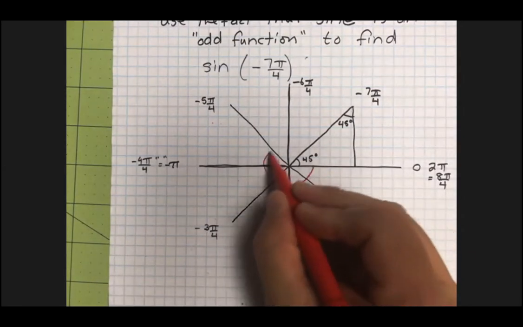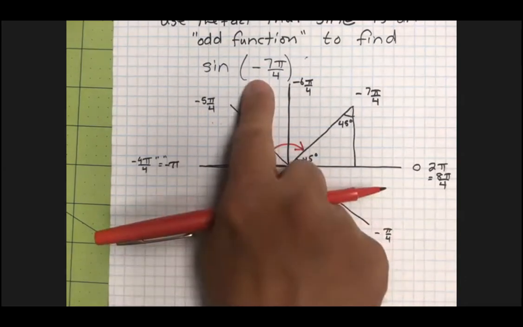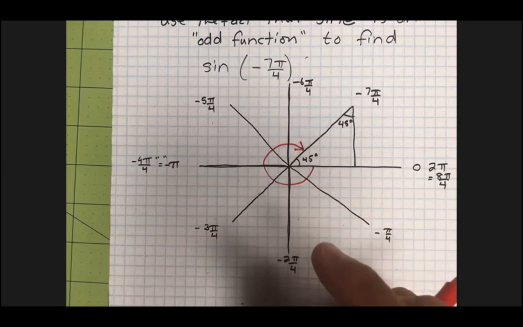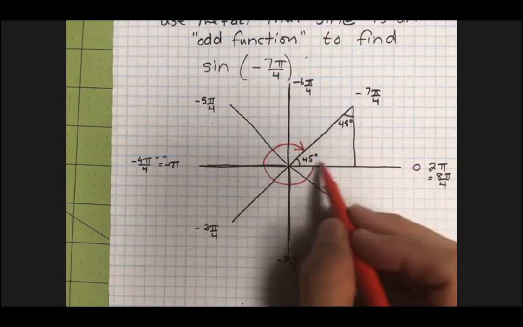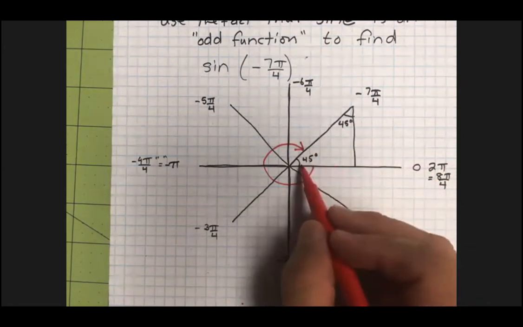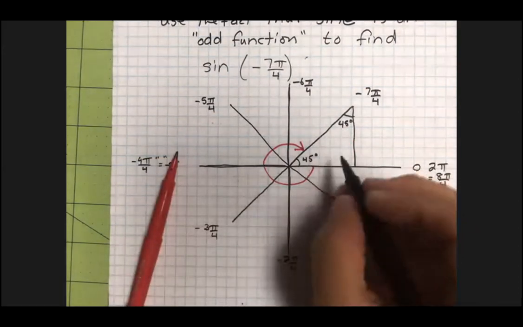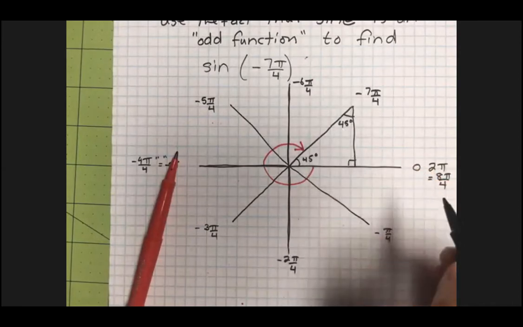The angle is minus 7 pi over 4, so you were explicitly told to go clockwise 7 pi over 4. But the reference angle is the pi over 4, pi over 4, pi over 2 triangle.